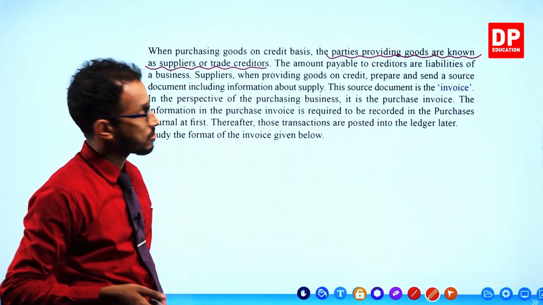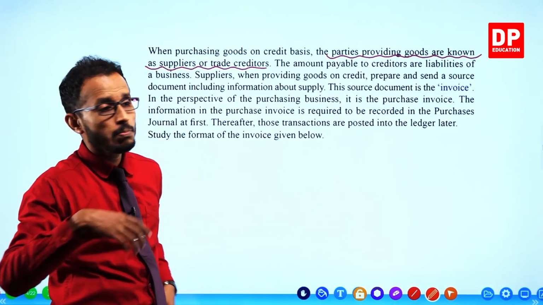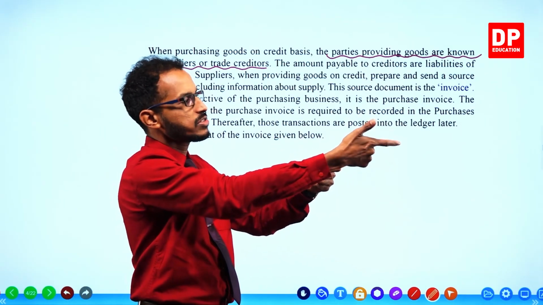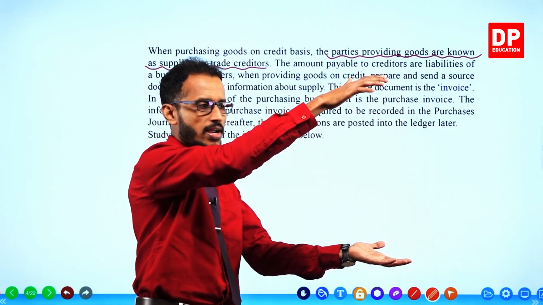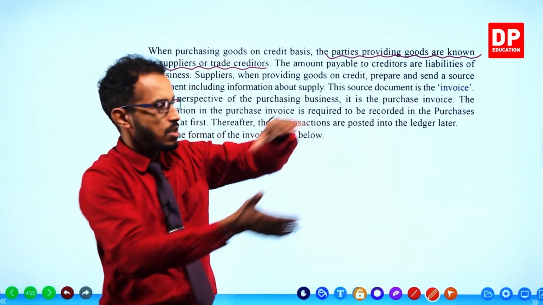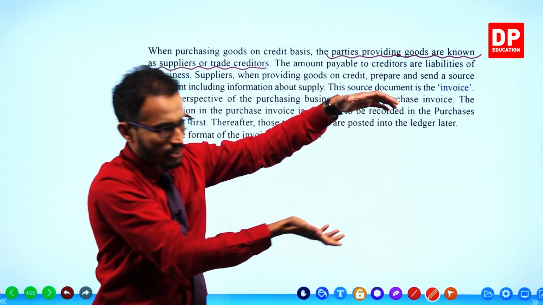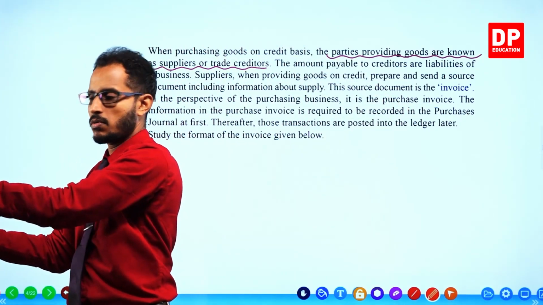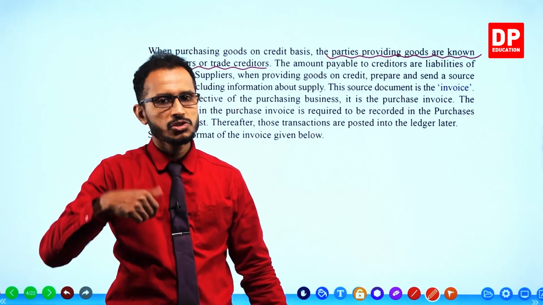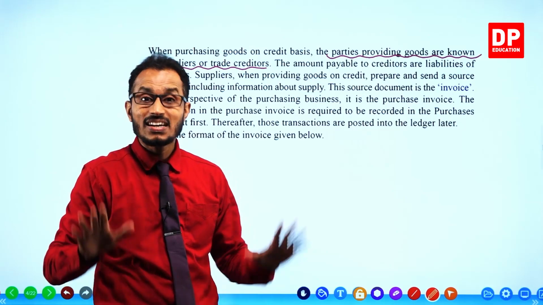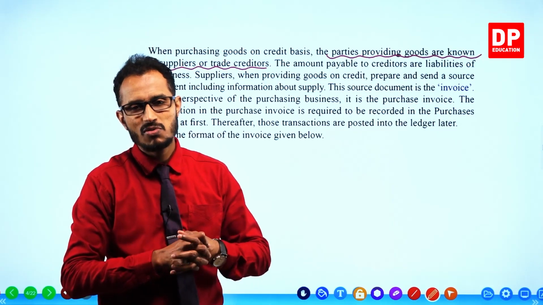Of course, liabilities, because we don't pay for the goods that we purchase. We just buy the goods and bring them to sell in our shops, but we don't pay for them. These are credit purchases now. We are talking about credit purchases.